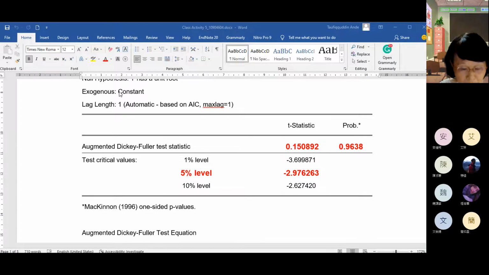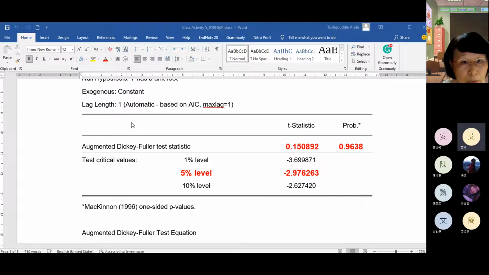This one means you are using version 12.28, which has the constant term.